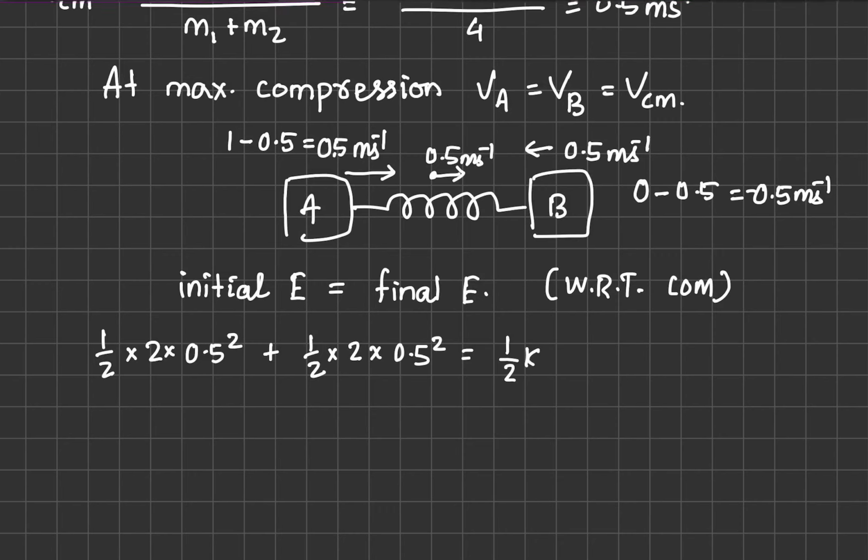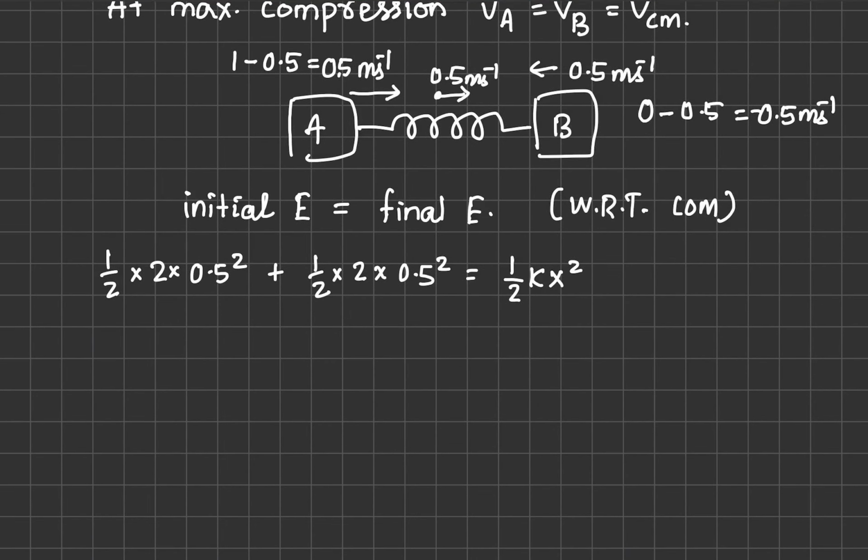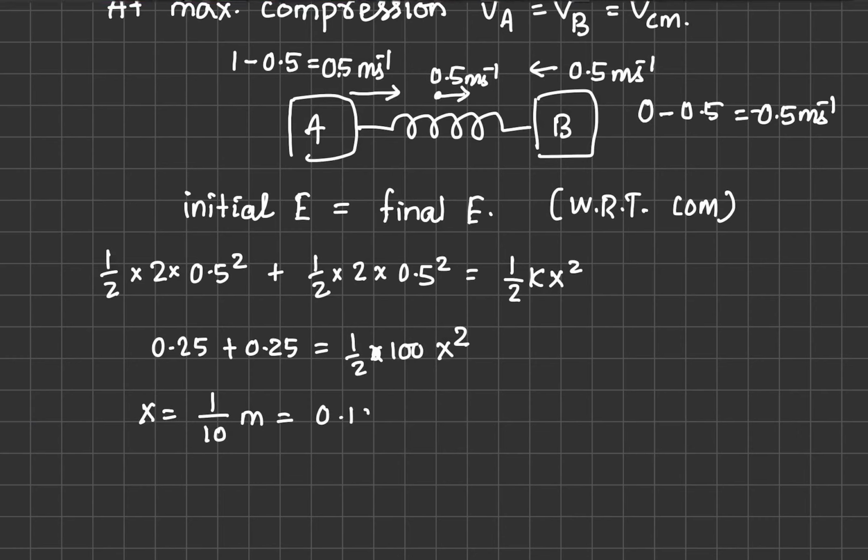So entire energy is the spring potential energy only. So calculating this value, we get 0.25 plus 0.25 equals half into 100 x square. So from here we get x equals 1 by 10 meter, or 10 centimeter.